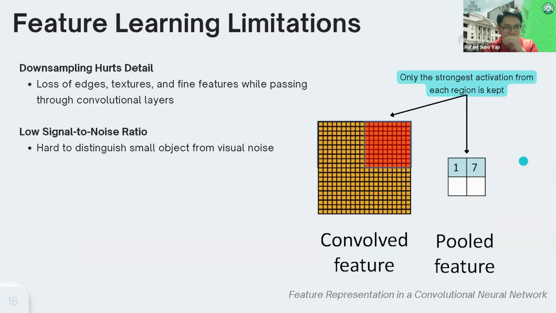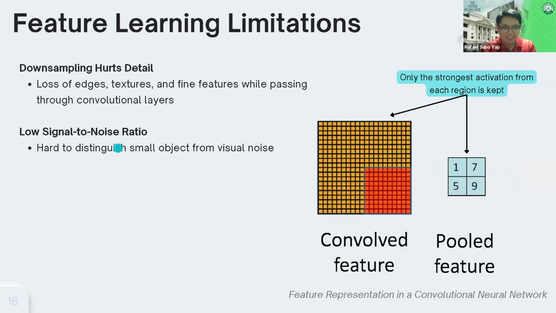The last problem we'll talk about is in the network itself, the feature learning limitations. So let's talk about what happens inside the network. In many deep learning architectures, features are progressively downsampled. That's useful for making computations more efficient, but it comes at a cost. Fine-grained details get lost. And for small objects, those details are often all we have because we barely have any pixels.